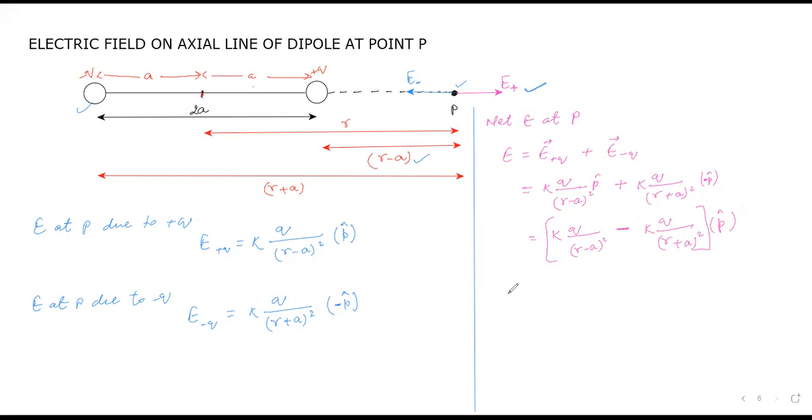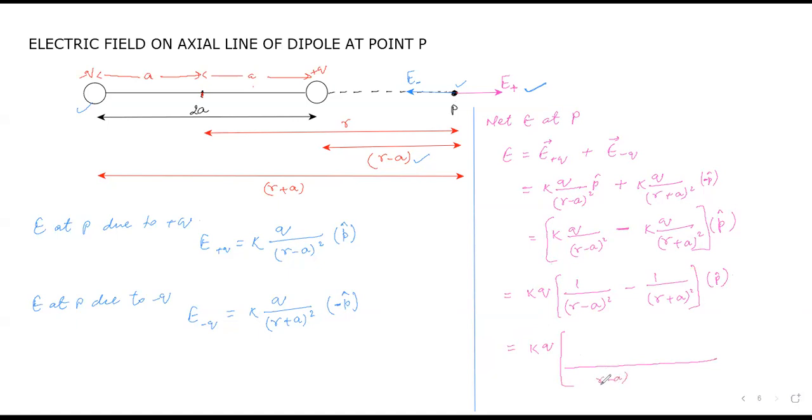Now you can solve it by taking K and Q as common. You have in the bracket 1 over R minus A whole square minus 1 over R plus A whole square. Are you clear or not? Which is equal to K Q, sorry, this is also a unit vector of P. Now, after taking the LCM, what do you get?